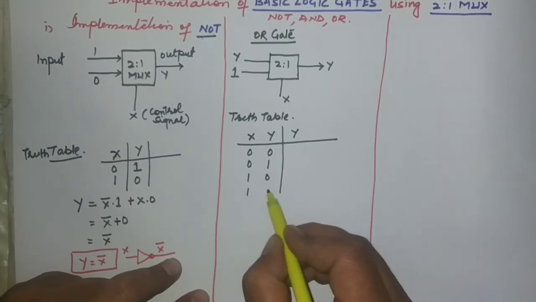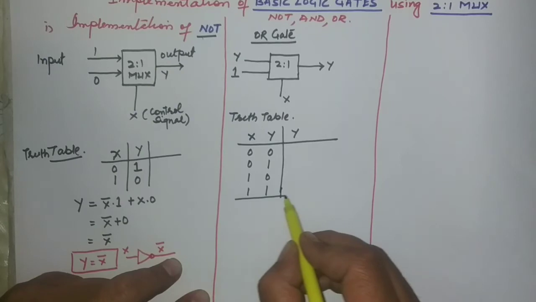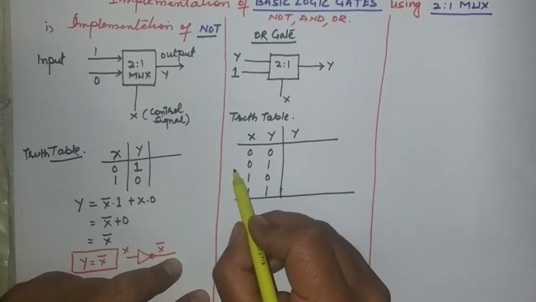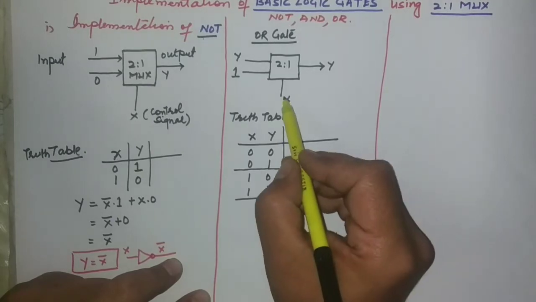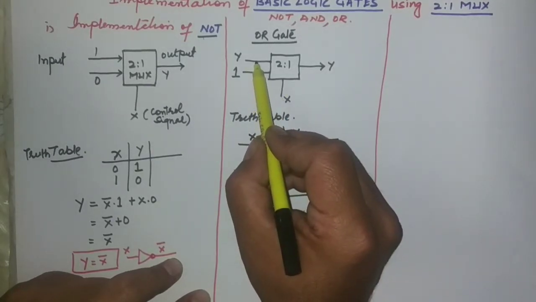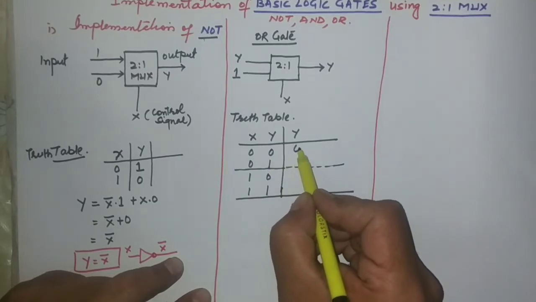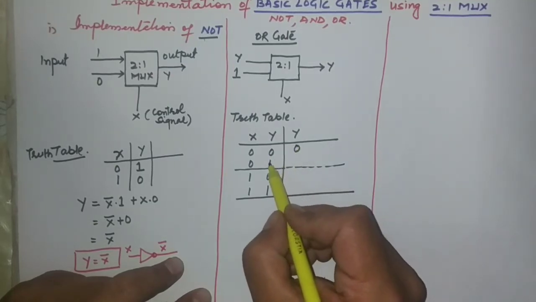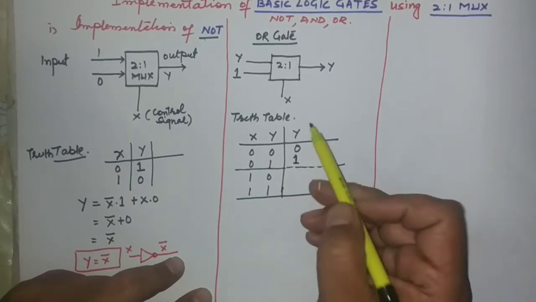So we know that when X is equal to 0, it means Y will be selected. So if Y is equal to 0, then 0 will be directed as output, and if Y is equal to 1, 1 will be directed as output.